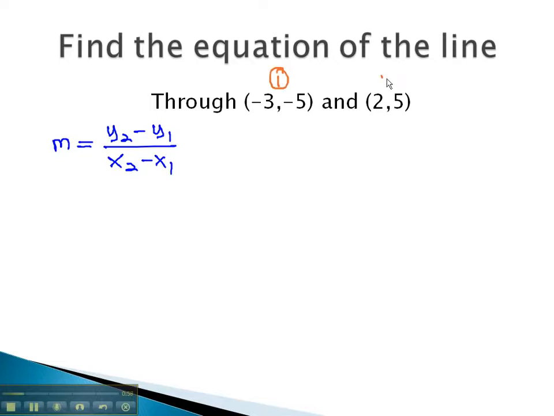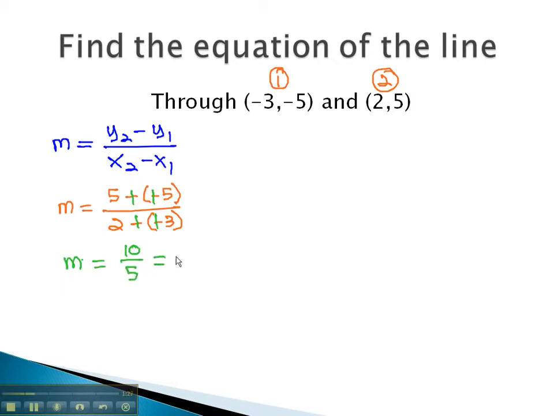Using our first and second points, we plug our values in and find y2 is 5, minus y1, which is -5, over x2, which is 2, minus x1, which is -3. Subtracting a negative is like adding a positive, and so we find that the slope of our line is 10/5, or 2.